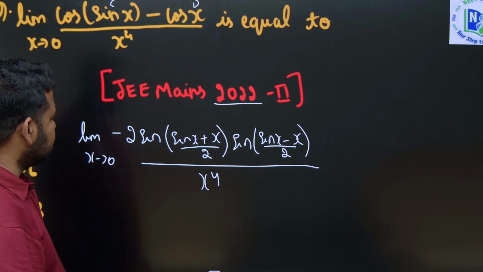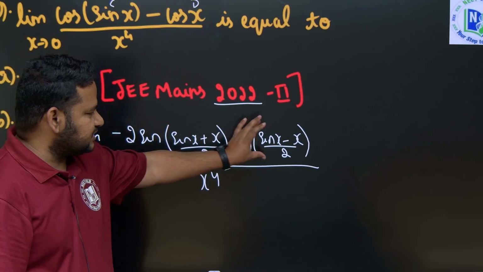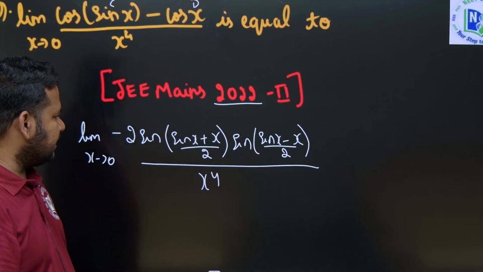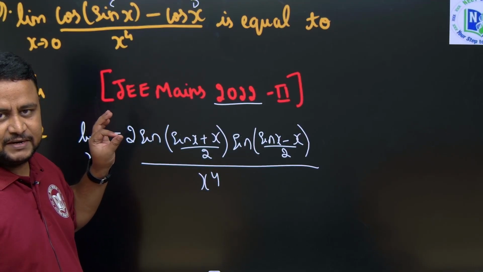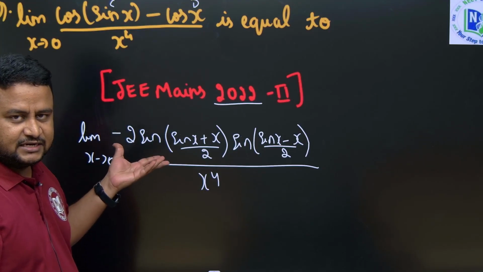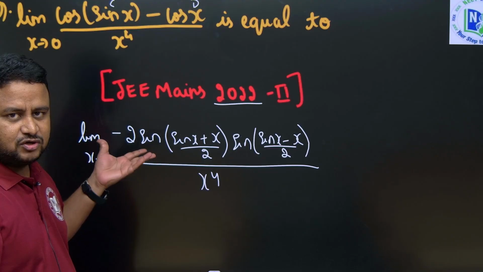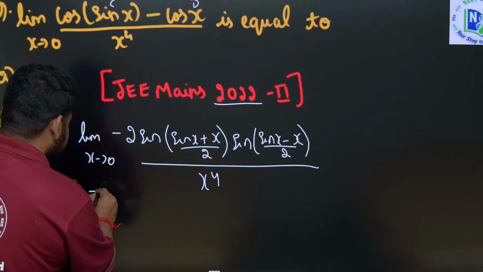Now what we should do? See here, friends, sin of x is there, here also sin of x is there. We know that limit sin theta by theta as theta extends to 0 is equal to 1. So using that property, I can make this as, I will take minus 2 outside.